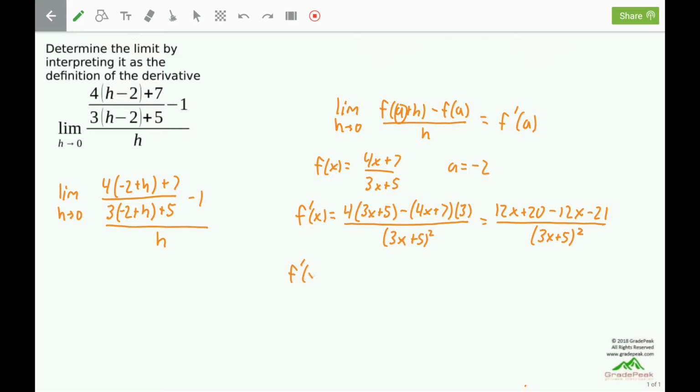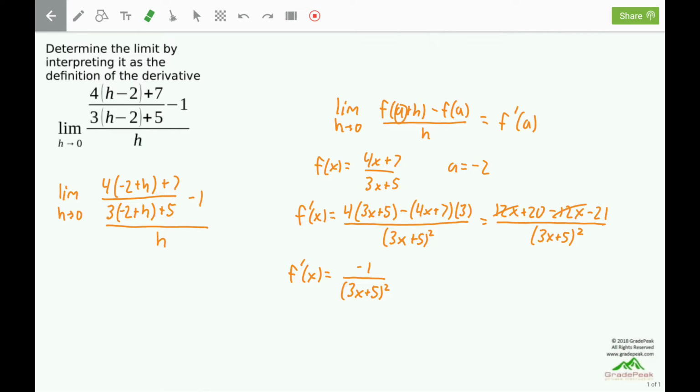Now we can combine like terms in the numerator, so f prime of x will be, well, the 12x's will cancel out, and 20 minus 21 is negative 1. So we have negative 1 over 3x plus 5 squared.